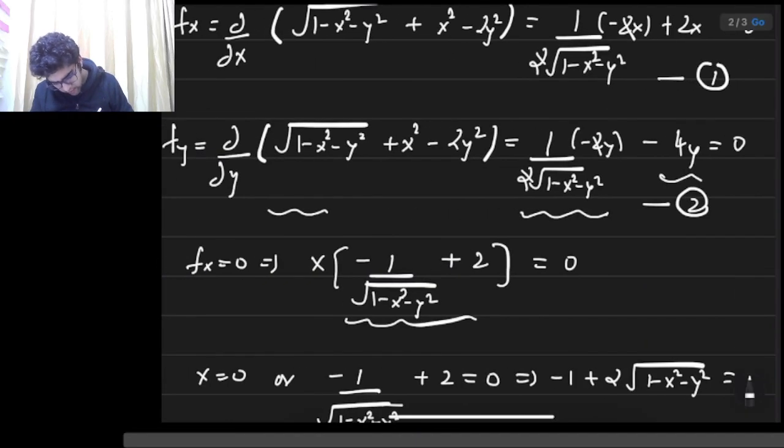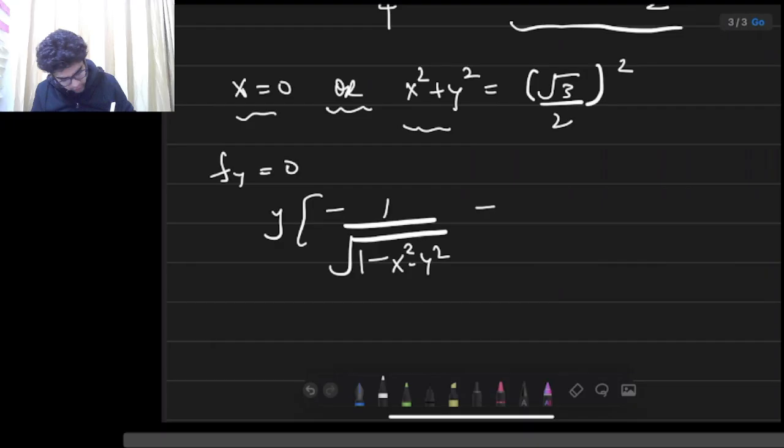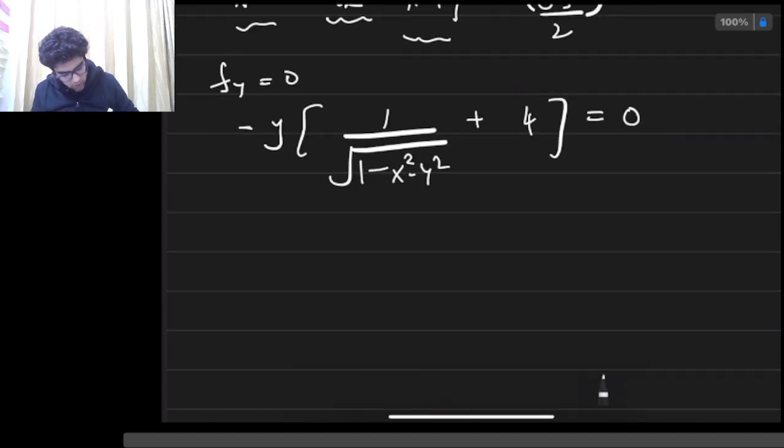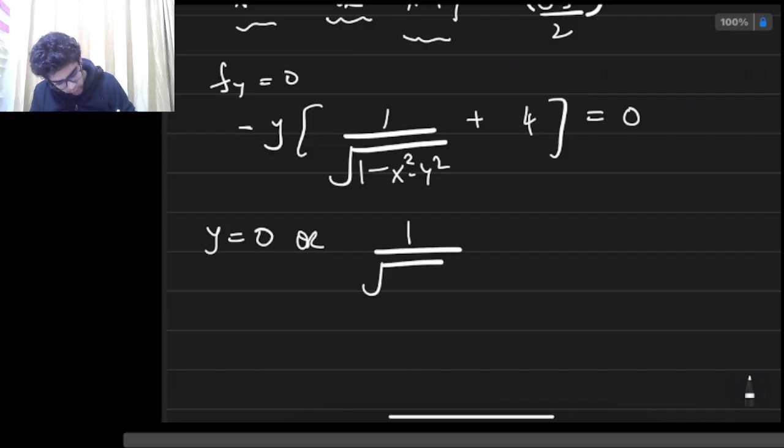Let me take minus also common, so minus also comes out and I'm left with 4. This is equal to 0. So this gives me y is equal to 0, and minus goes on to the other side, so I'm left with y is equal to 0 or 1 upon root 1 minus x square minus y square plus 4 is equal to 0.